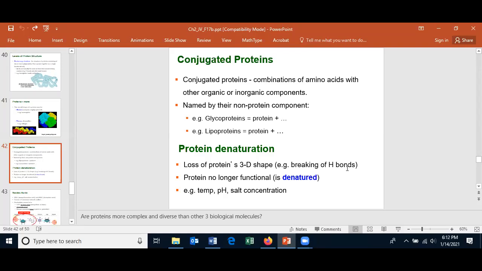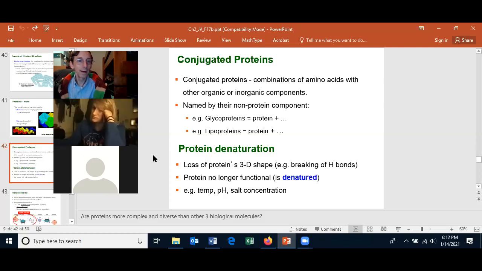So the protein takes on a three-dimensional shape, and the protein can lose its shape and denature when it is in the incorrect temperature, the incorrect pH, or the incorrect salt concentration.